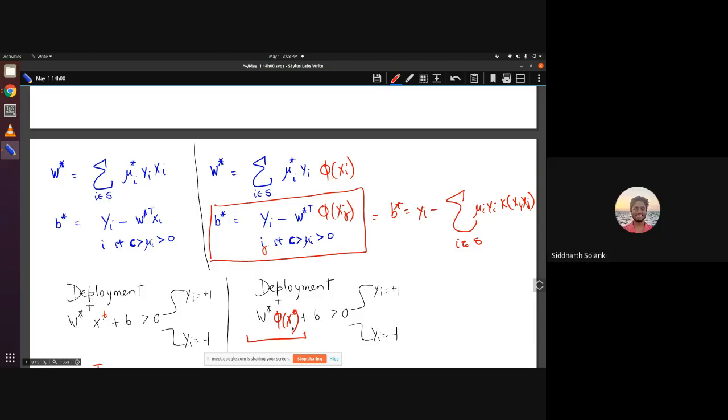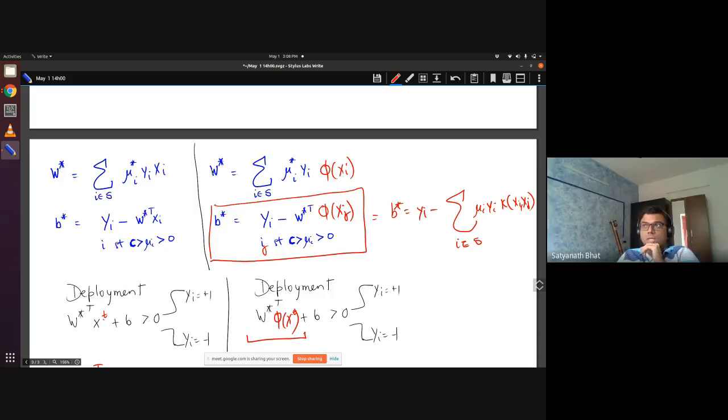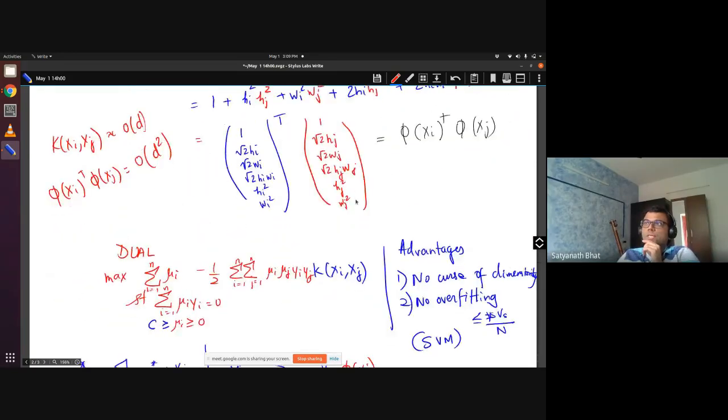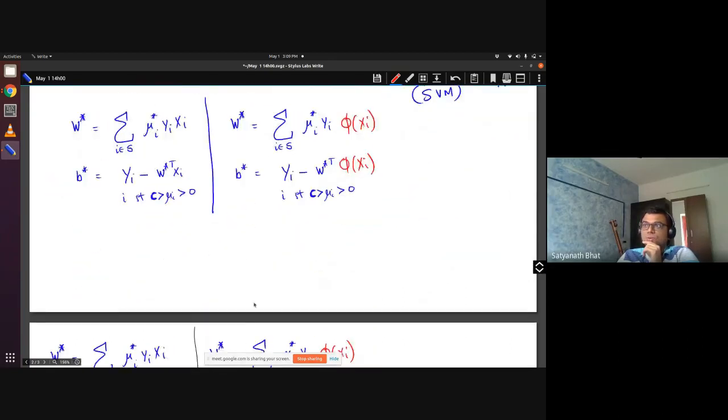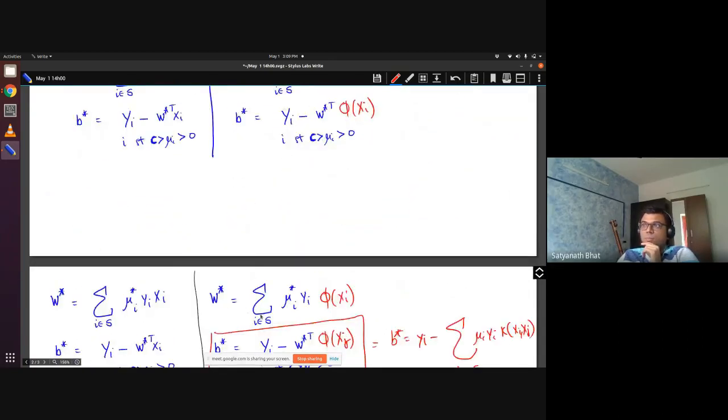Sir, once it has already created that, can't we return? No, if you go to 2 dimensions, there will be 6 features, right? So W will also have 6 different components. So the size of W depends upon the size of the vector phi of xi, correct?